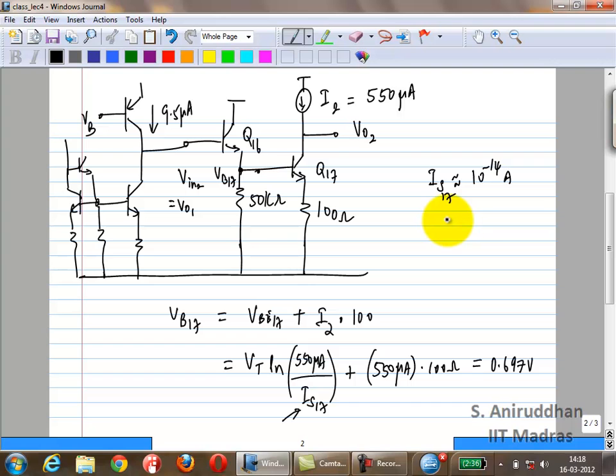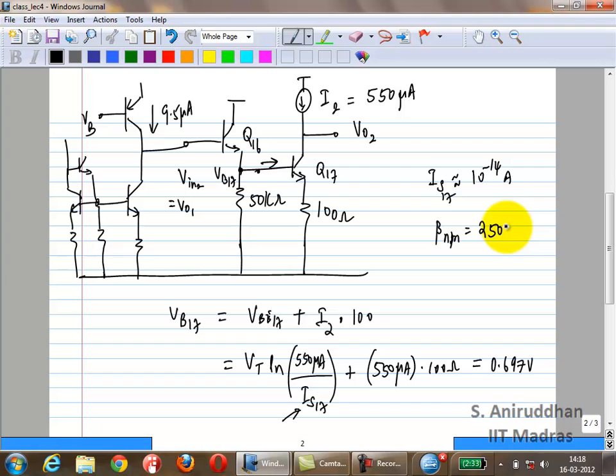Now the other thing we need to know is this current. Okay. We'll assume a number of 250. Right. Now remember, these are all approximate numbers. Obviously betas will depend on process. Saturation current will also depend on the process.